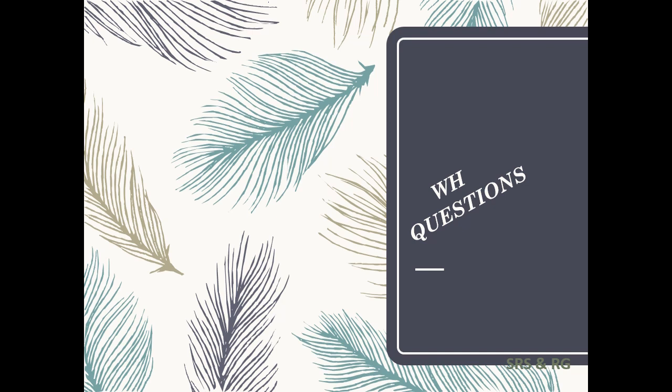Friends, we know that there are three types of questions: WH questions, question tags, and yes or no type of questions. WH questions are so called because, with the exception of the question word how, all the words begin with the letters WH.